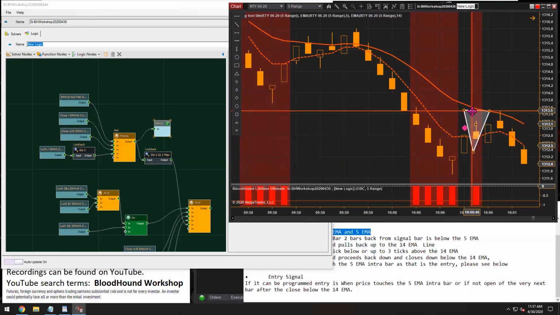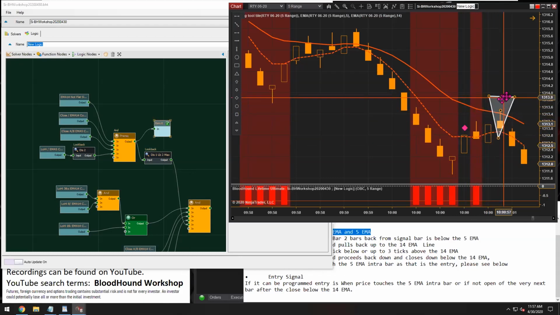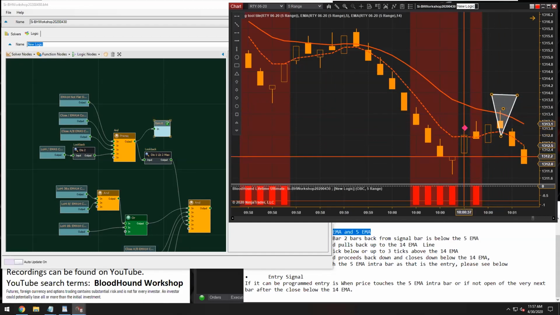This bar here doesn't qualify as a prerequisite anymore. That's our problem. We need to figure out how to remove this signal from this prerequisite bar. This bar here was our last prerequisite bar, and then we needed to wait for price to move in and pull back to our EMA14.